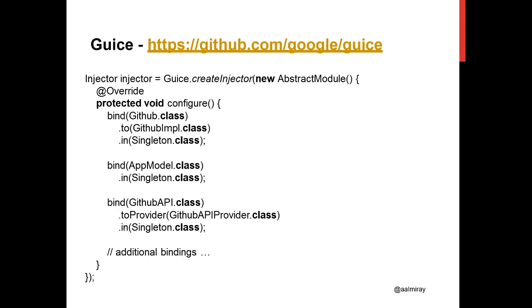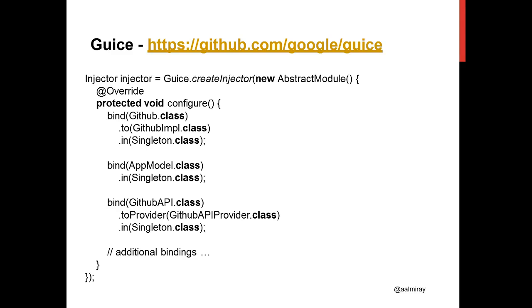So Guice is quite tiny. It's quite small. It gives you just the most basic things for doing dependency injection. What we're seeing here is 3 out of 5 different ways to do bindings. The first one, we can bind an interface, which is the contract that we defined, to a concrete class.